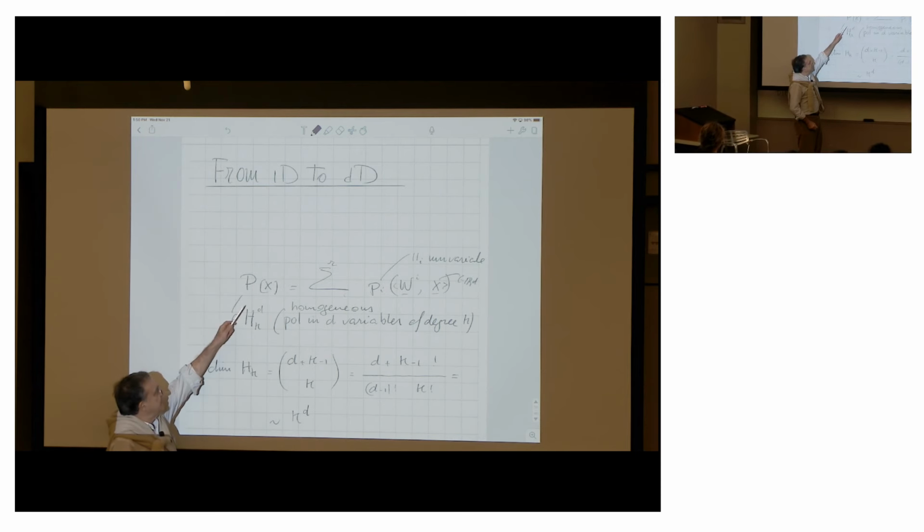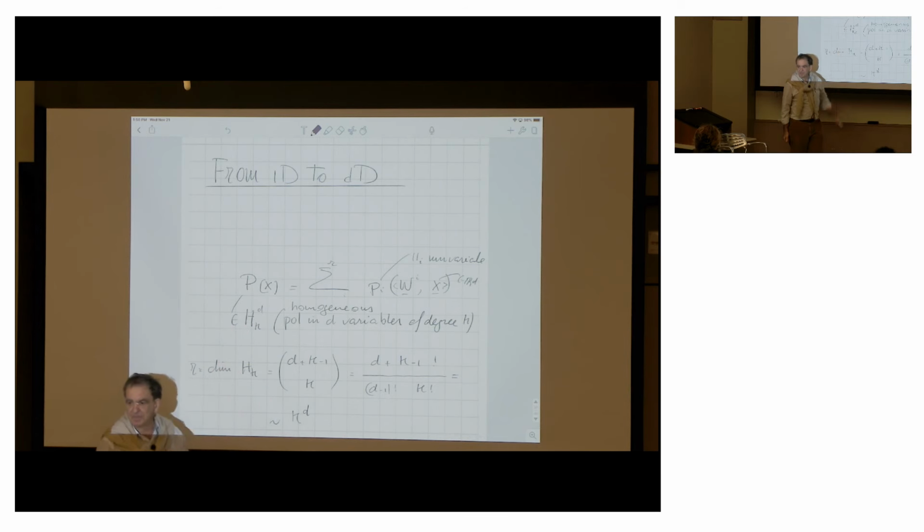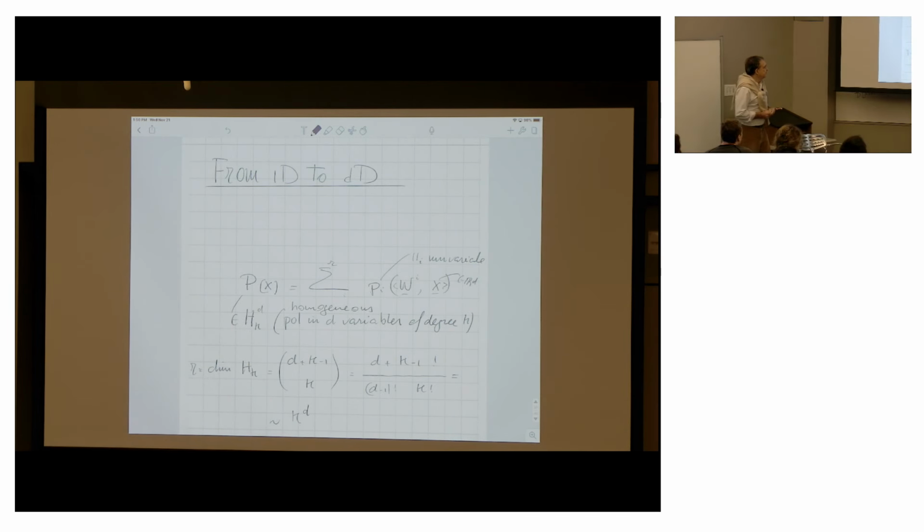see, is that if you have an arbitrary multivariate polynomial, for instance, you can say, I want the multivariate polynomial which is x1 times x2 times x3 times x4, for instance.